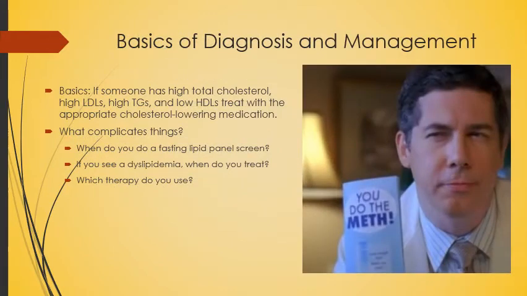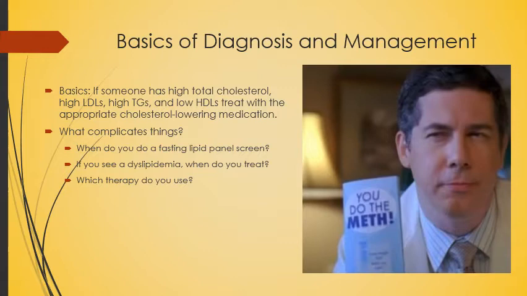What we're going to talk about now is the basics of diagnosis and management of dyslipidemias. Obviously, this is going to be a big part of anyone that's practicing family medicine. So really, if you have someone with high cholesterol, right, high LDLs, high triglycerides, and low HDLs, you're going to treat them with an appropriate cholesterol-lowering medication. That's generally going to be a statin. What complicates this, right?